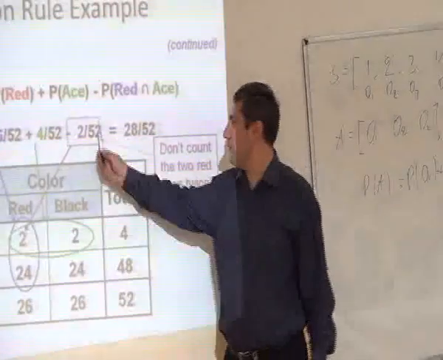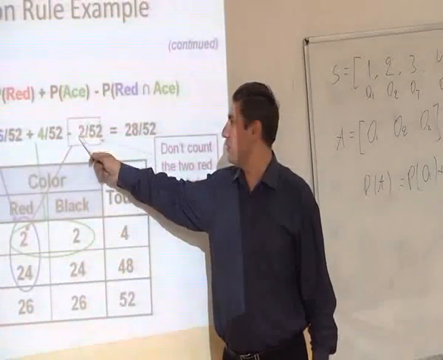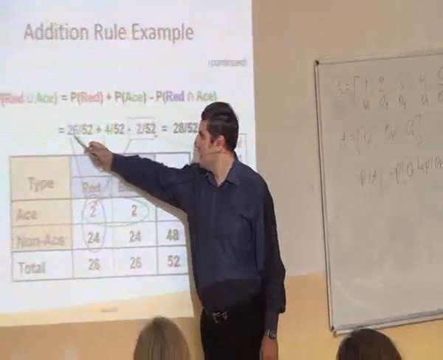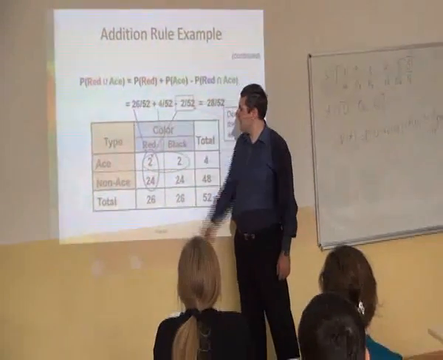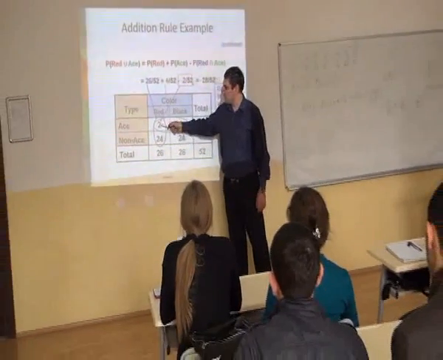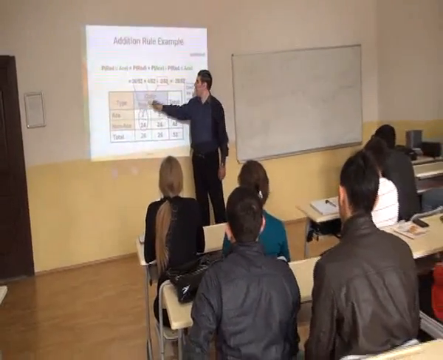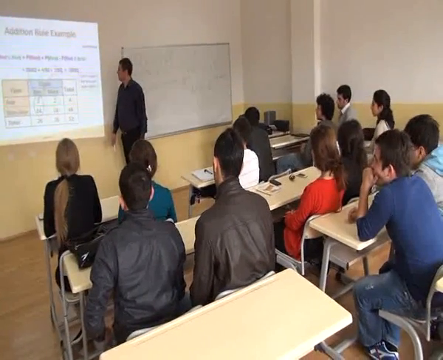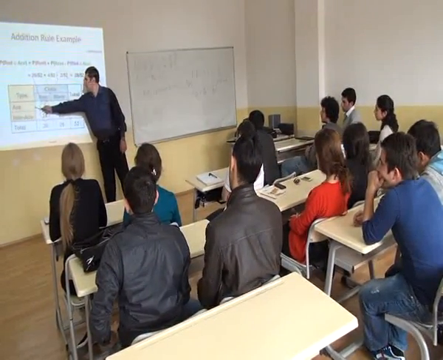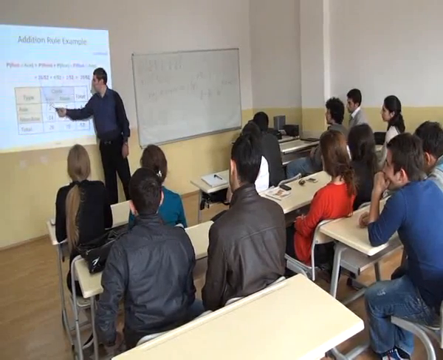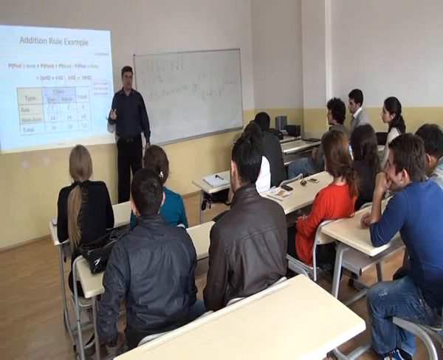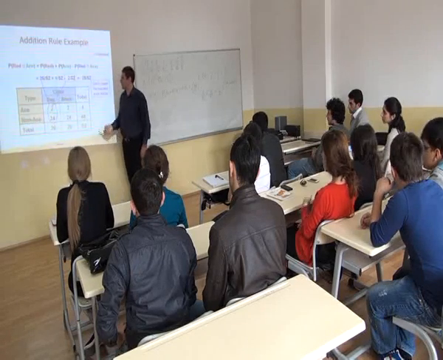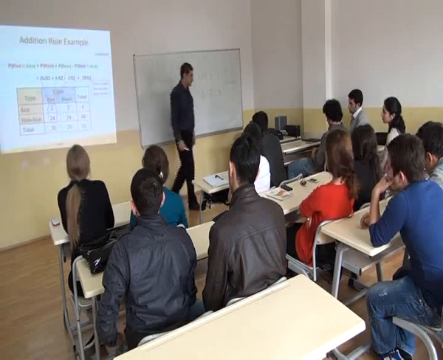Do you remember why we are subtracting these two cards? Because when we were calculating the probability of being red, we counted these two once already, and when we were calculating the probability of being ace, we counted these two a second time. So we need to subtract it once in order to consider it just one time.